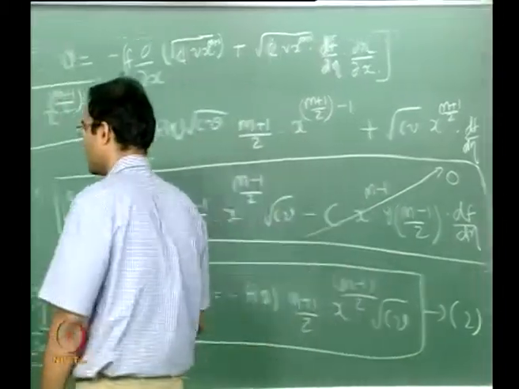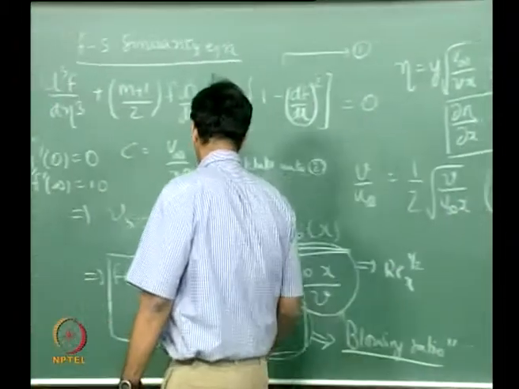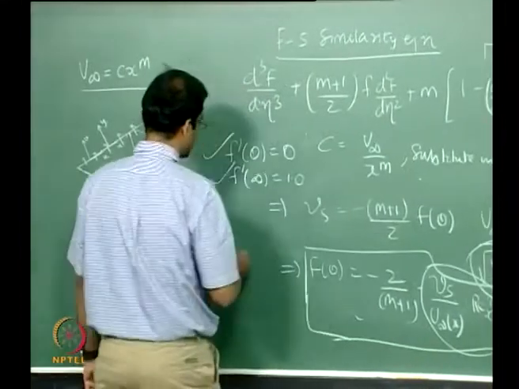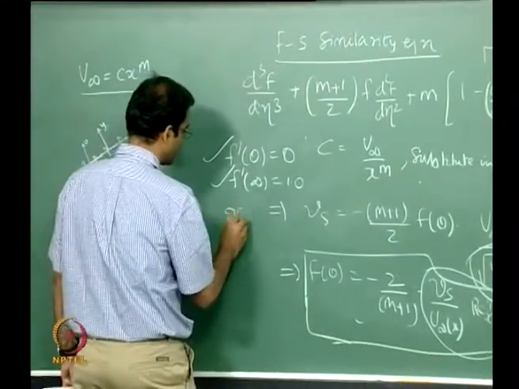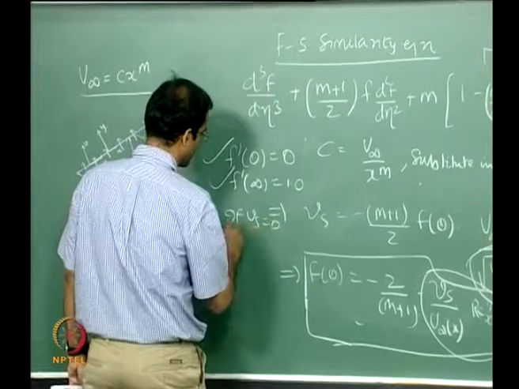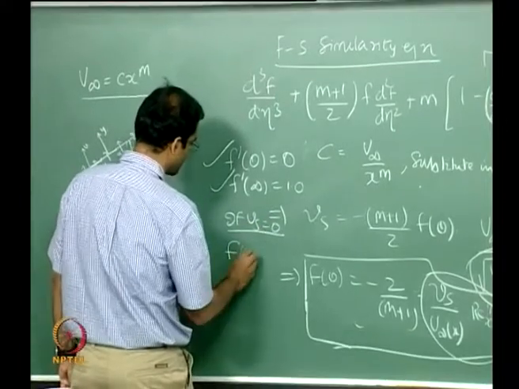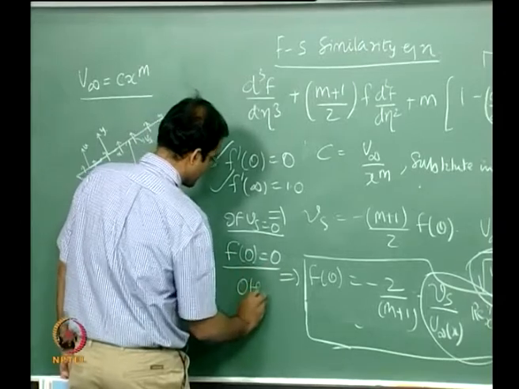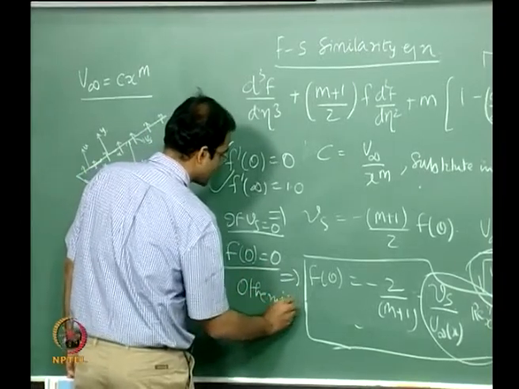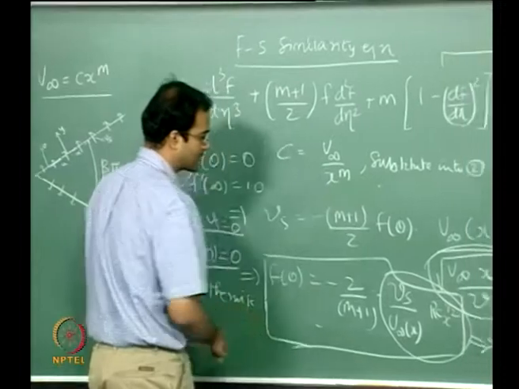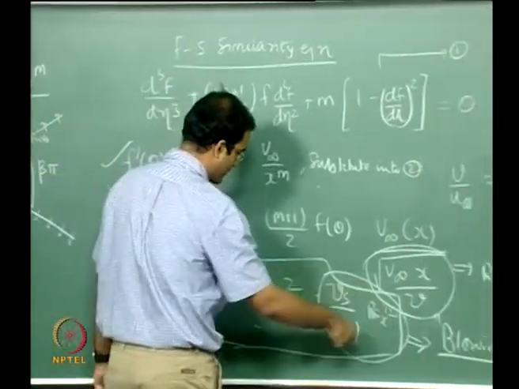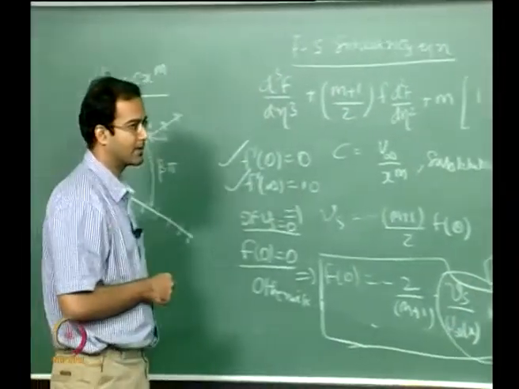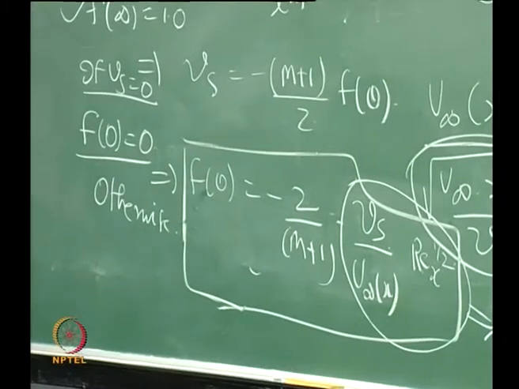And if you do not have any transpiration velocity, of course this will be 0, so therefore if your Vs is equal to 0, this gives your f of 0 as exactly 0, otherwise this is your corresponding expression. So you know what the blowing ratio is, and depending on that you calculate the constant value of f naught.